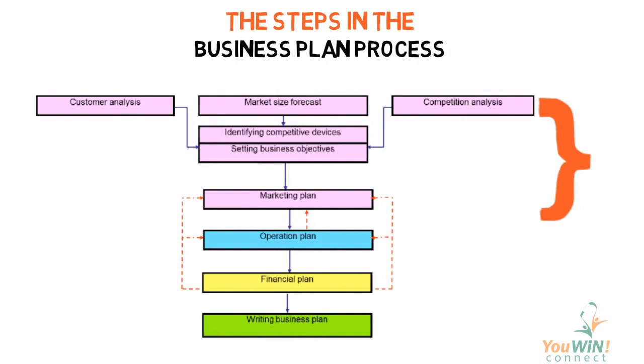So we need to study the market, understand the customer, and then we'll look at who else is competing with us in this market. We'll go ahead to build a marketing plan, and then we would build an operations plan to produce for the market, and then we will build a financial plan, and finally we will go ahead to write a business plan.